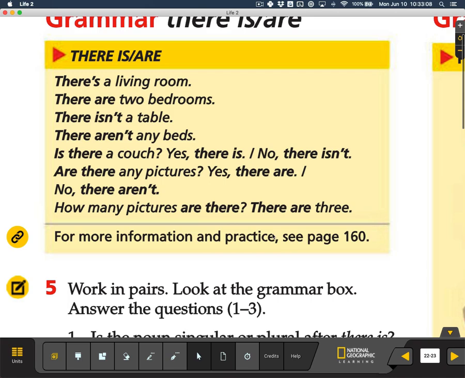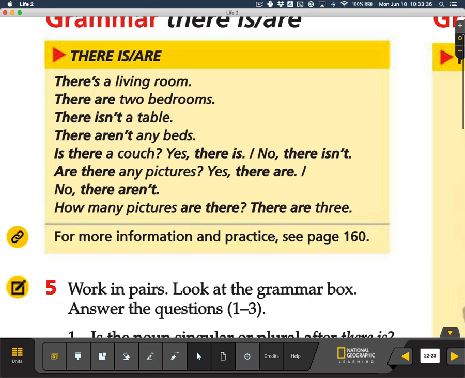We can use this as a contraction, right? There is becomes there's, which is just like, right, so I can say there's. Pronunciation is 100%. This is kind of advanced grammar, so we're not going to get into this. But these two words, 100% the same sound.